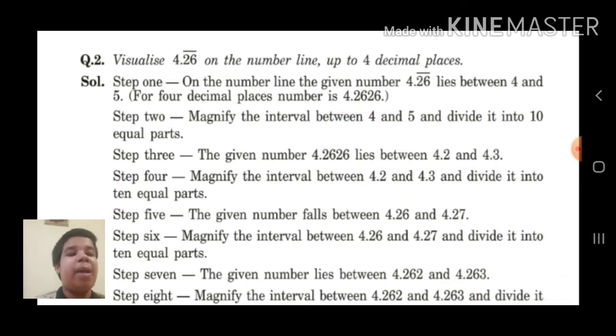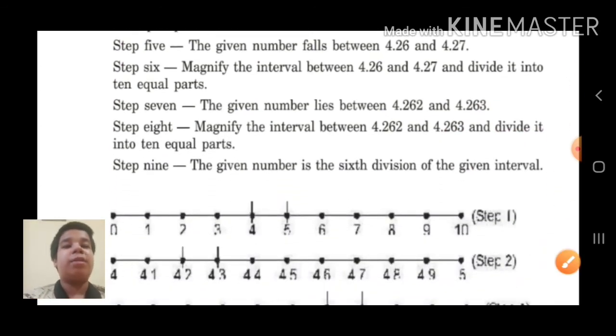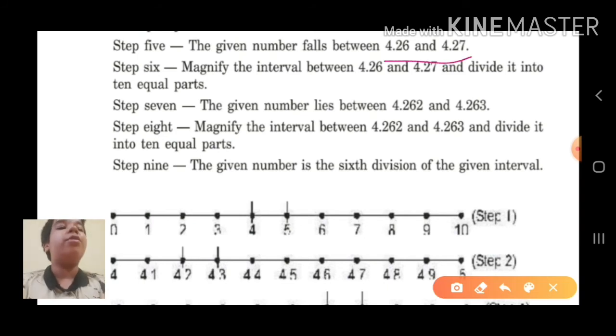Now, our step 5 is the given number falls between 4.26 and 4.27. The number is 4.2626, so we know it falls between 4.26 and 4.27. Now our step 6 is magnify the interval between 4.26 and 4.27 and divide it into 10 equal parts.